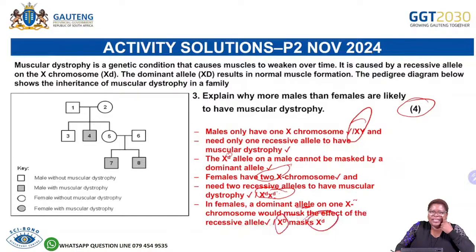It's also important that when we're talking about the males and the females who are affected, who are not affected, you describe the phenotype and also indicate that this is a male, this is a female, because you can even lose marks if you don't describe, right?